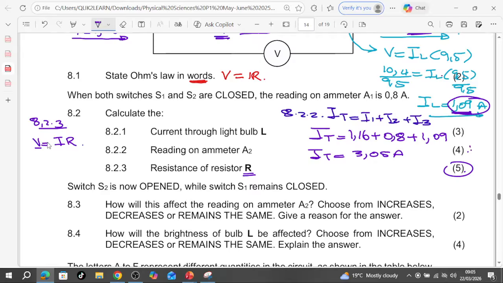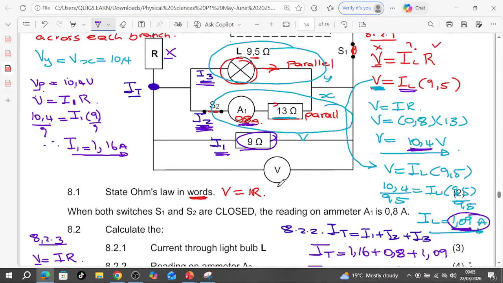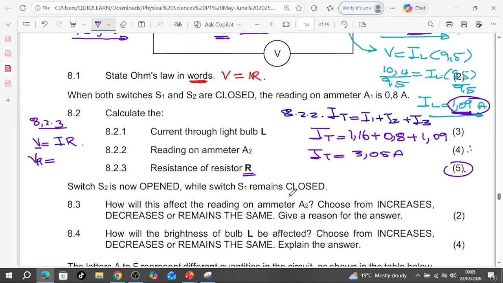It's going to be the V of R. We need to find the voltage of R, and then the current that we're going to use is the total current, because R is going to read the total current, which is the same total that will pass through A2. So this tells us that the current is something that we already have, which is 3.05.